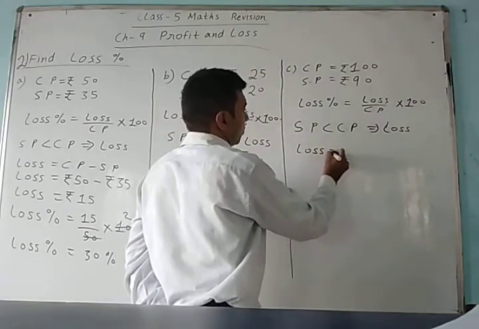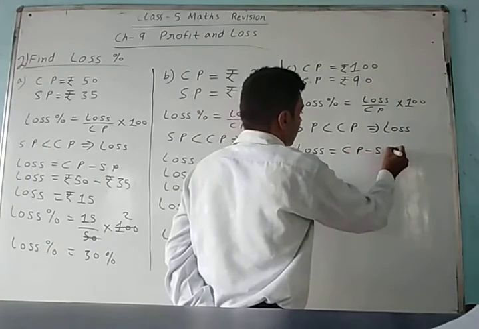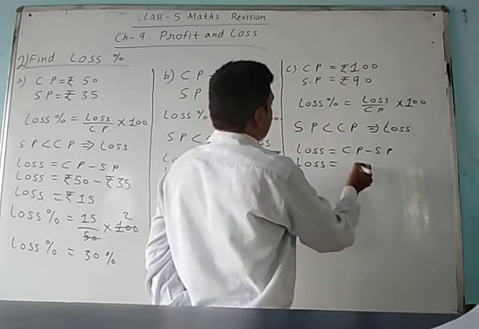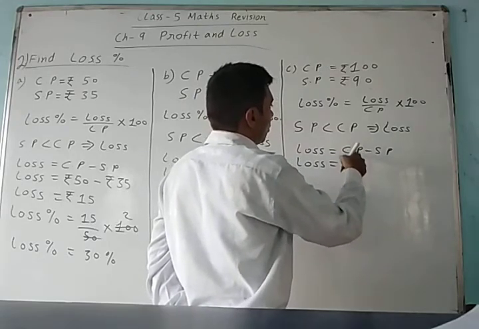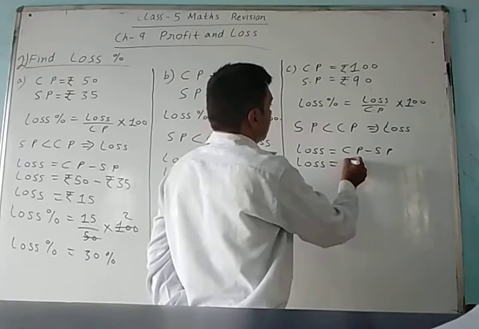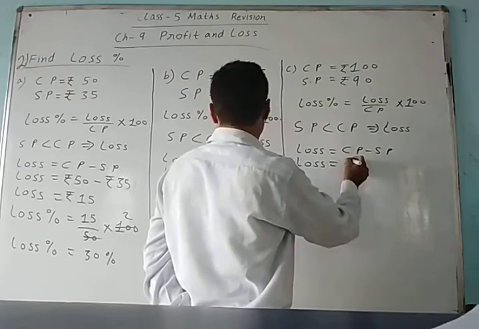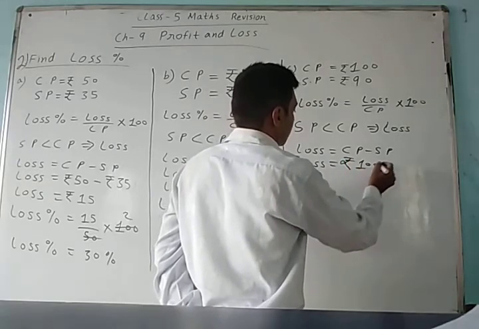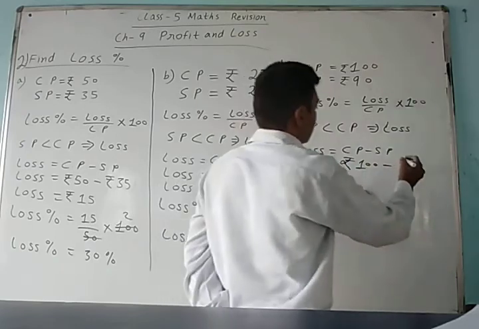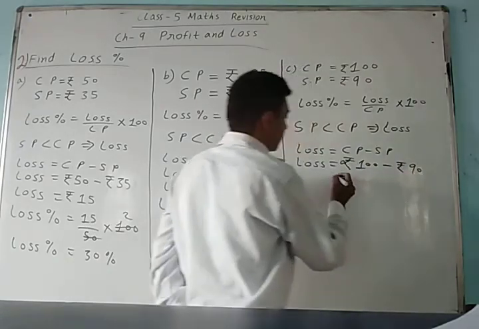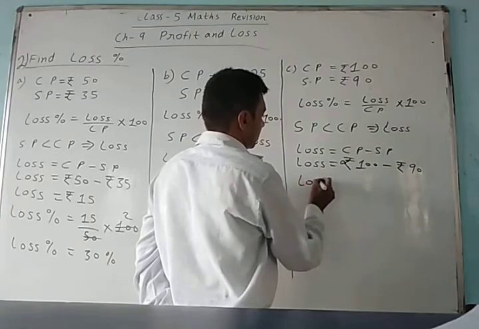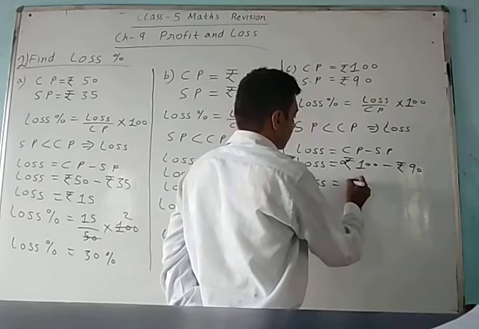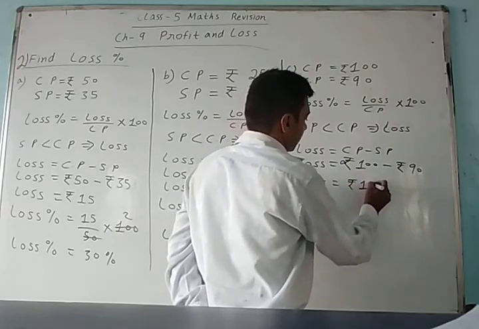Loss is equal to cost price minus selling price, rupees 100 minus rupees 90, which is rupees 10.